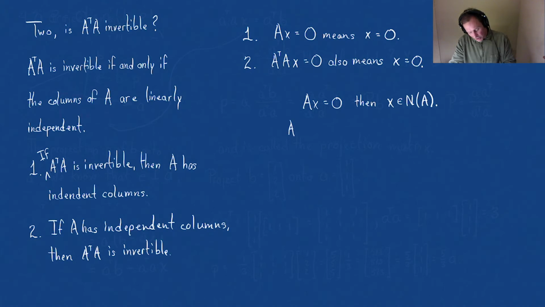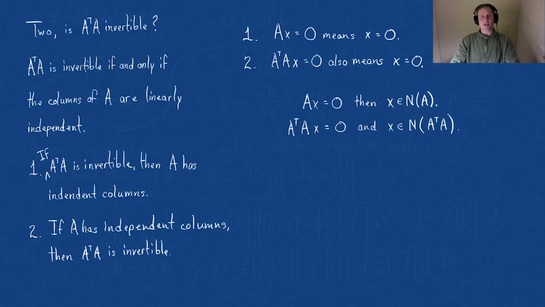If we take A transpose times A times X, we get 0. But this is the same as saying X is also in the null space of the matrix A transpose A. So it's in two null spaces at the same time.